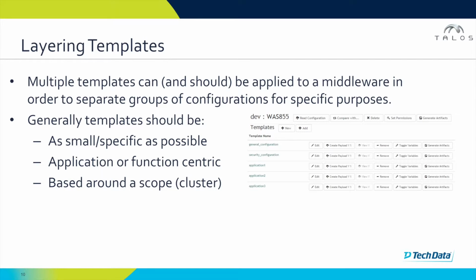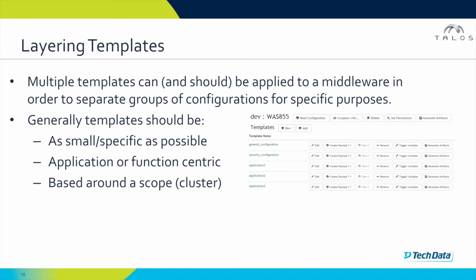There's good reasons for doing this, and it's very difficult and very complex to create one large template that's going to model your whole cell. It's a lot of time and effort to do one thing, and then a whole load of places where it can go wrong.